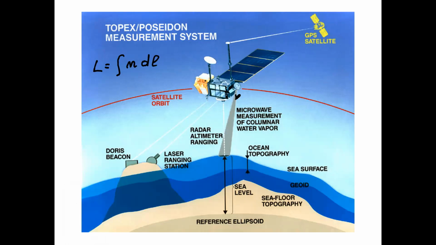Okay, so if this is the path, and this element is dl, we need to integrate the refractive index, which is unity for vacuum, but is not unity for a medium like the atmosphere.